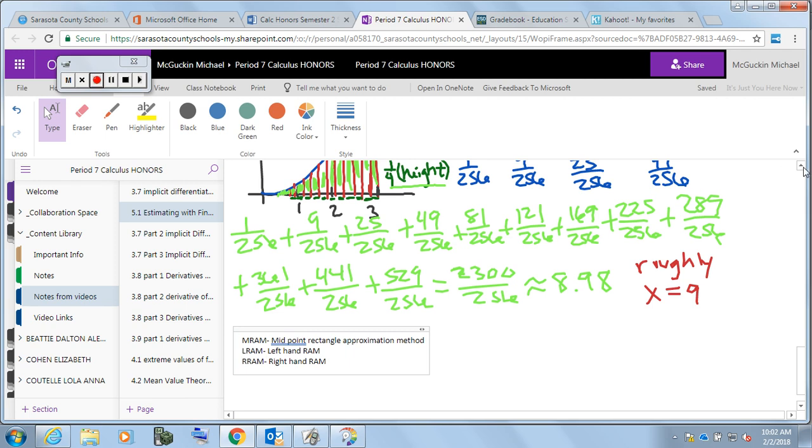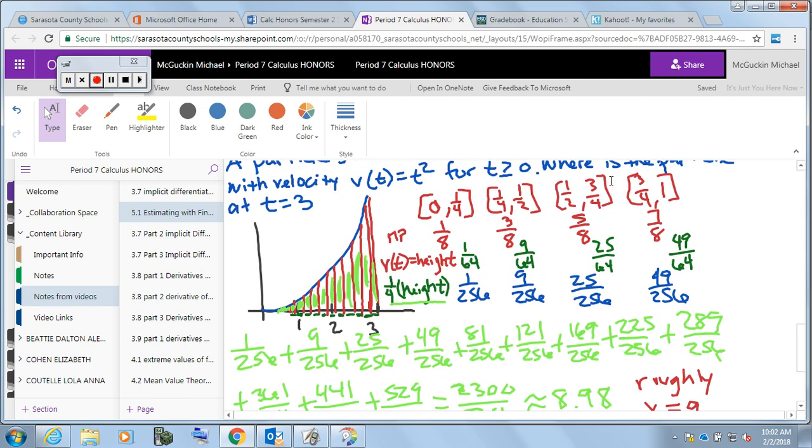So let's go back to our example up here. Each interval had a change of t of 1/4. If it asks to find an approximation using LRAM, instead of using the midpoint like we did with 1/8 and 3/8 and 5/8 of each of these intervals, you would just simply use 0 and 1/4 and 1/2 and 3/4 and then 1 and so on and so forth as you continue to go through all 12 of these intervals.